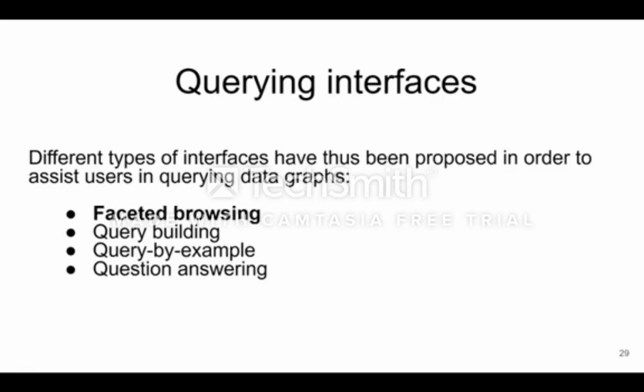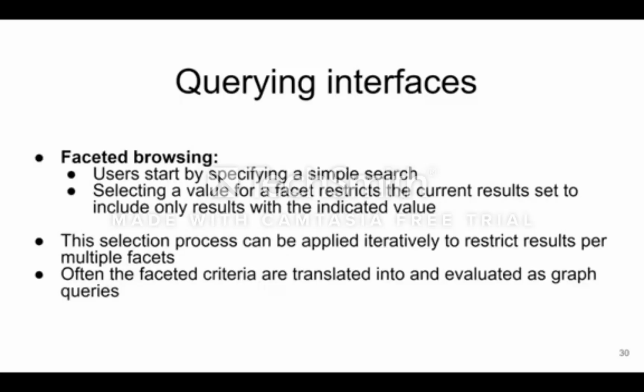Firstly, we are going to talk about faceted browsing. Users start by specifying a simple search such as a keyword search, or a type of node like food festival.